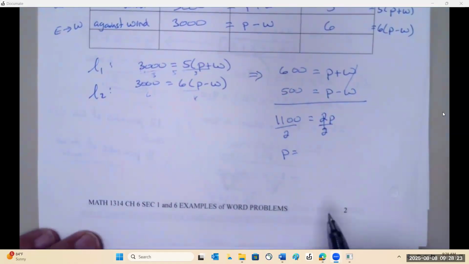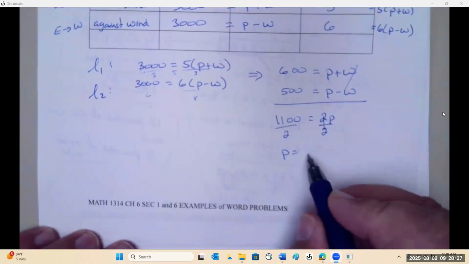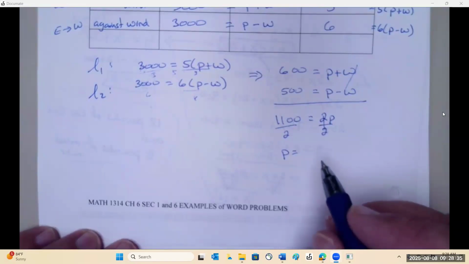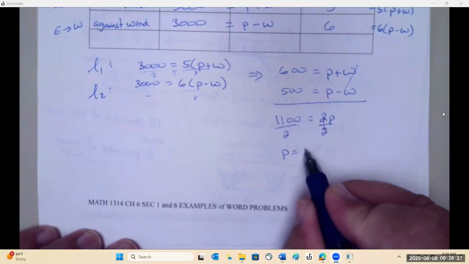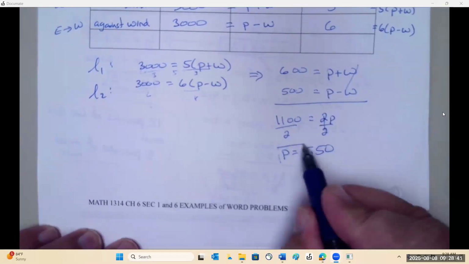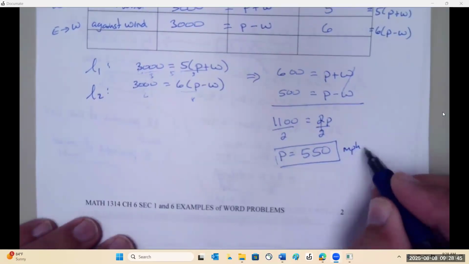What's half of 1100? 5,500. No. I know what you wanted to say. 550. Yeah, you put a little bit too many zeros in there. So the speed of the airplane is 550 miles per hour.